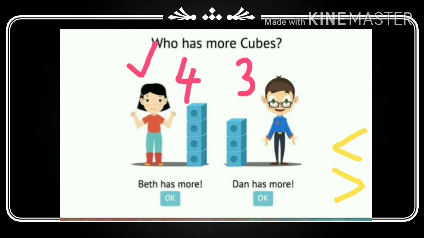Yes, 4 is the big number or greater number. So we have to keep the greater than symbol towards the big number, which means 4. So today in our class we are going to compare the numbers by using greater than or less than symbols.